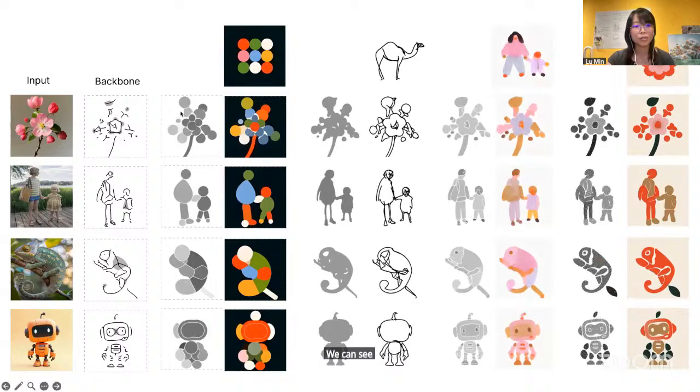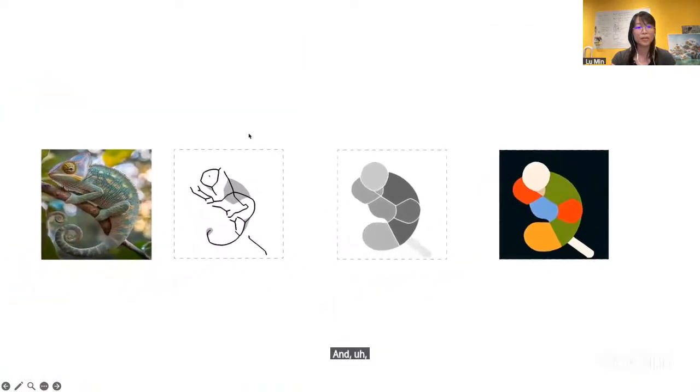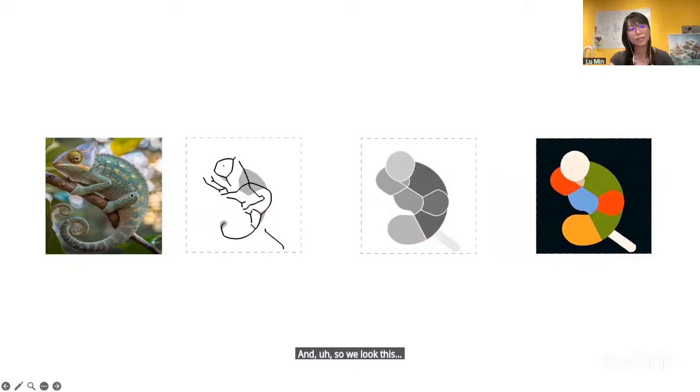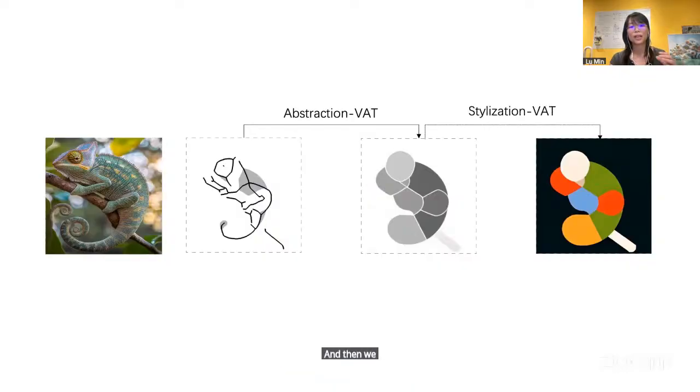We can see that geometrically, they are very different from one to another. And from this to this is the color and textures. So we look at this in detail: we have the abstraction visual analogy transfer to do structure learning, and then we have the stylization visual analogy transfer for color and texture.